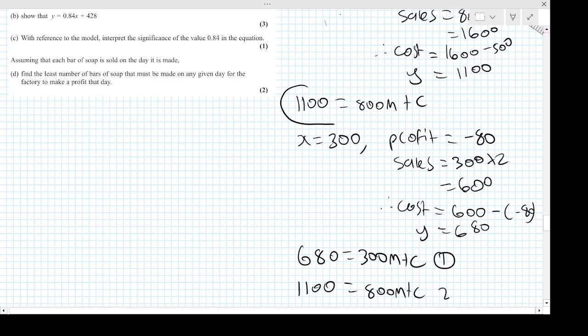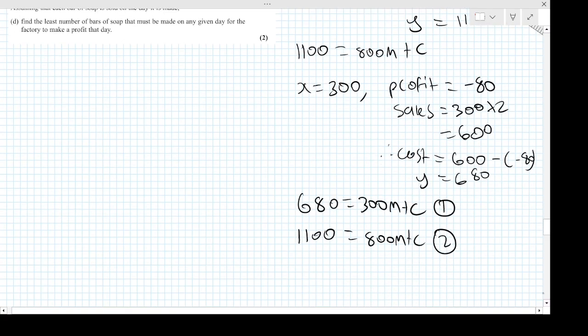If I call that equation 1 and equation 2, then I can solve these simultaneous equations for m and c. Well, I can take them away to get rid of c, can't I? So if I do 1 take away 2, well, 680 take away 1,100 gets me minus 420, which is equal to 300 take away 800m, which is minus 500m, and c take away c is 0.